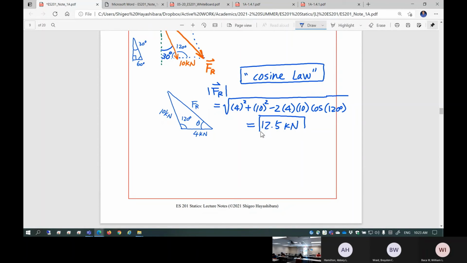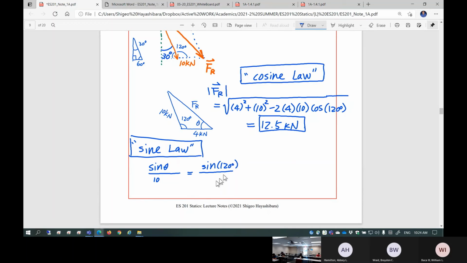Here we go. So now we know this is 12.5 kilonewton. Knowing that, actually solve this one, right? So let's use sine law. Sine law basically says that the ratio, let's flip-flop the ratio. So in other words, sine theta over 10 kilonewton must be equal to sine of 120 degrees over 12.5.